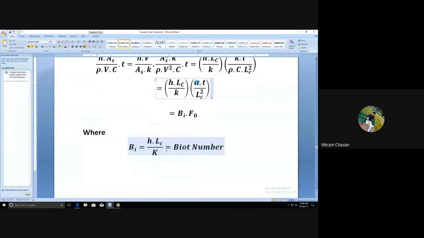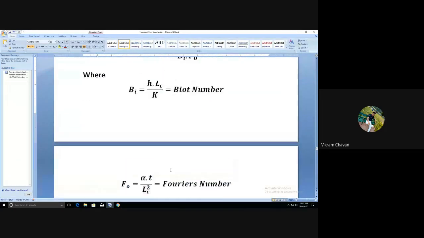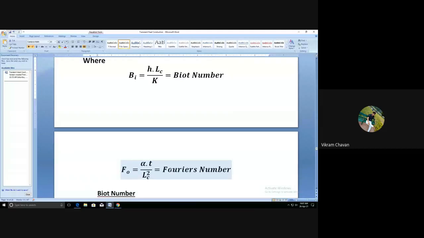So you can write, where Bi is equal to h multiplied by Lc divided by k, which is the Biot number, and Fo is equal to alpha t divided by Lc square, which is the Fourier number.